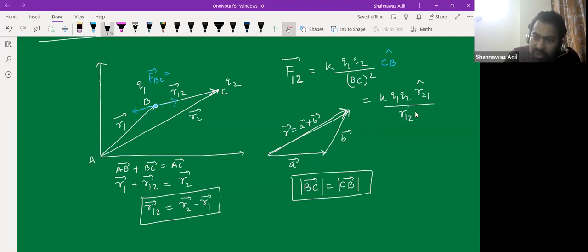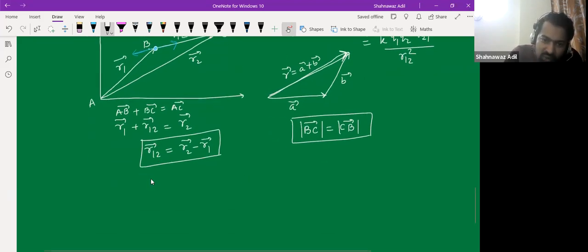And this squared. You can see that R21 would be R1 minus R2.